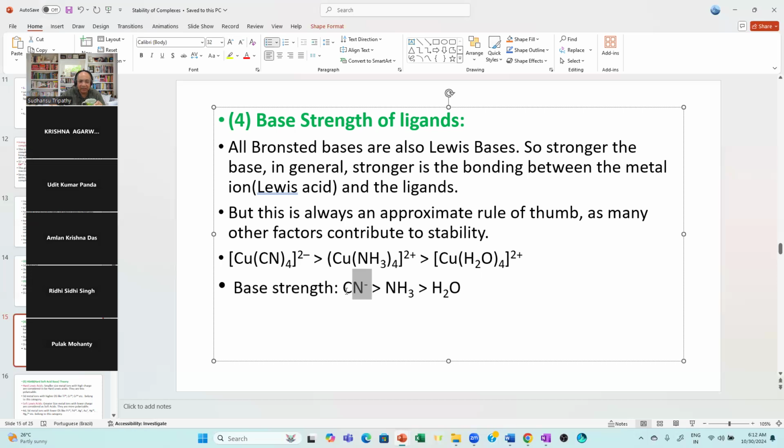Since cyanide ion is the conjugate base of HCN, which is a weak acid, it is the strongest base, water is the weakest, and ammonia is intermediate. So the cyanido complex is more stable than the amine complex, which is more stable than the aqua complex. I am telling you the factors that you will bear in mind while attempting to grade different complexes in order of decreasing or increasing stability.